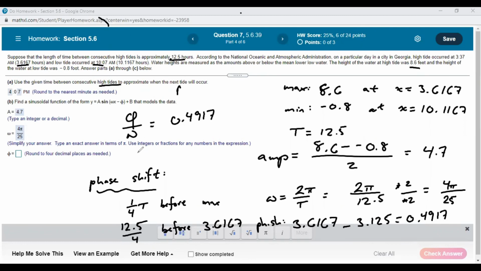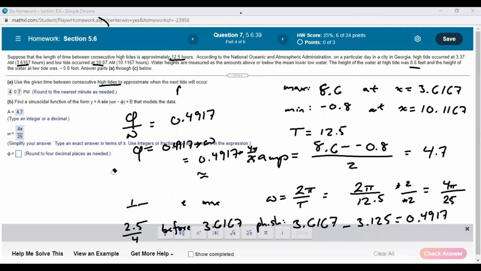And so that means that phi is equal to 0.4917 times omega, which then is 0.4917 times 4 pi over 25, which we can just calculate right now.